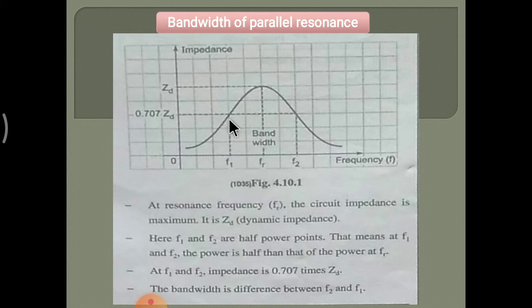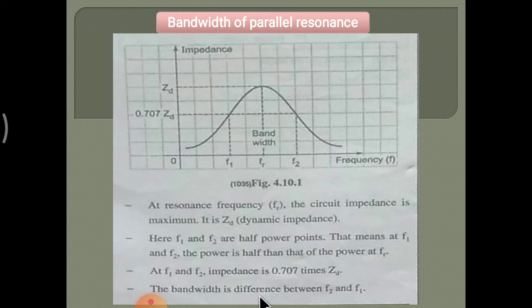The power at f1 and f2 will be half of the power at the resonant frequency fr. Next, at f1 and f2 the impedance is 0.707 times ZD, the dynamic impedance.